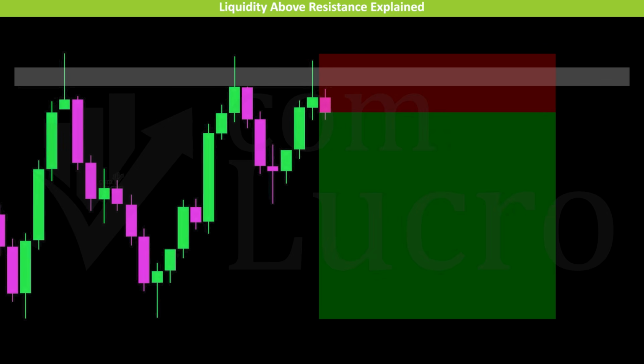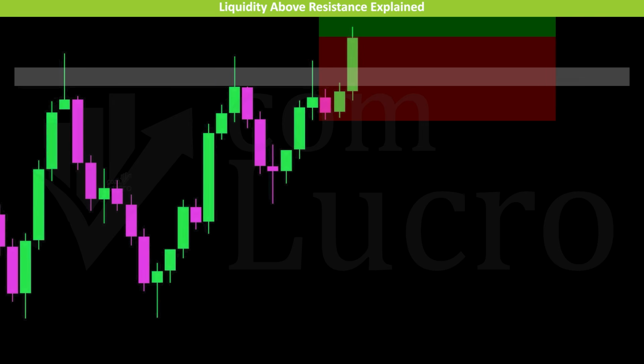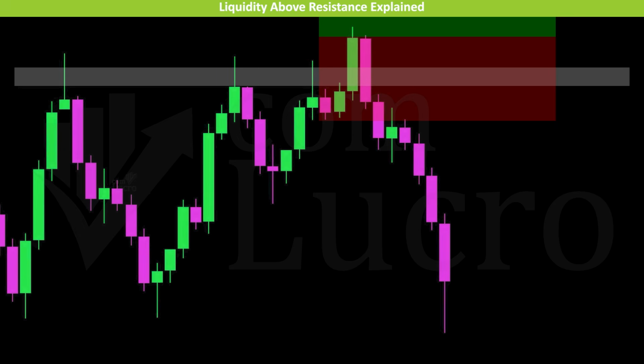That means the liquidity sits above the level. To trigger those orders, smart money must push price higher, activating the stops and filling their large sell positions. When price breaks above resistance, breakout traders also enter long, adding even more liquidity. Once smart money collects what they need, price drops again, trapping traders on both sides.